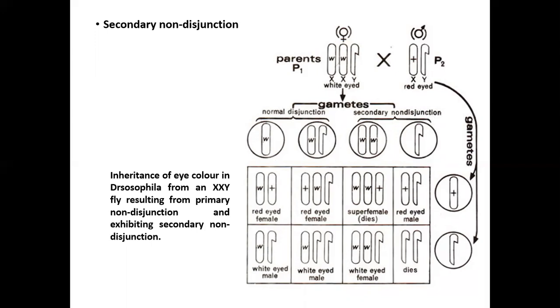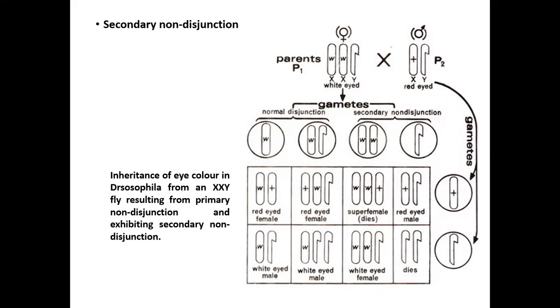When white-eyed XXY females were crossed with red-eyed normal males, 96% of female progeny had red eyes and only 4% of females had white eyes. This indicates that there was 4% secondary non-disjunction, while 96% is normal disjunction.